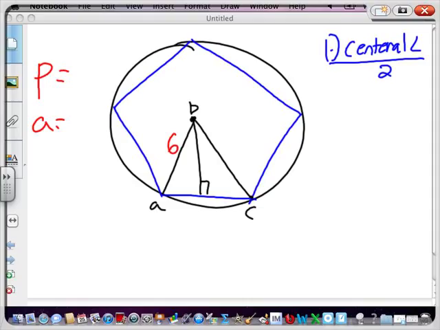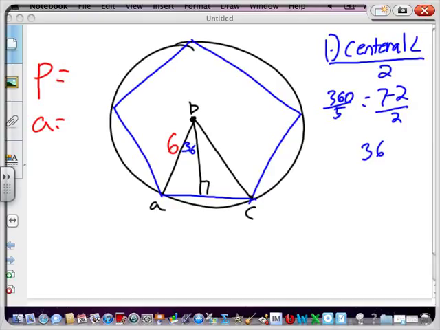How many sides does this have? 5. So we're going to do 360 divided by 5, and what do we get? 72. Now we take 72 and divide it by 2. 36. So I know this angle right here is 36.